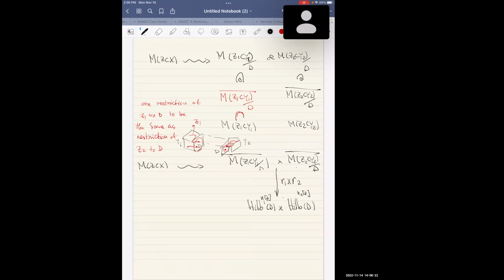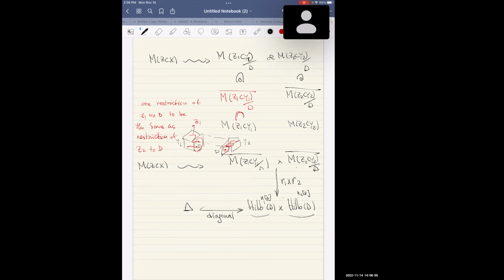So what does that mean? I want to look at the locus inside the product of these two Hilbert schemes where n1 points and n2 points are equal. So that's exactly the diagonal. The diagonal sits inside here. So the diagonal is the locus where the n1 points and n2 points are the same.